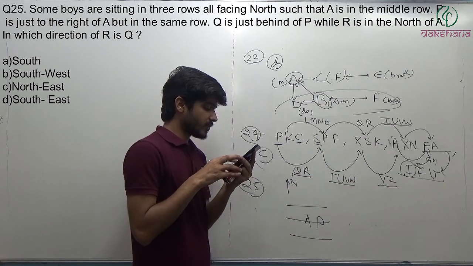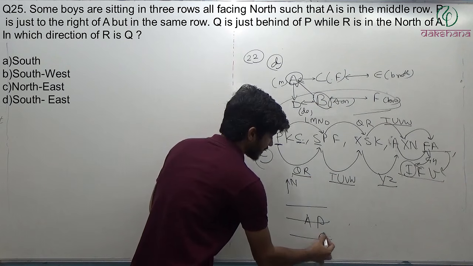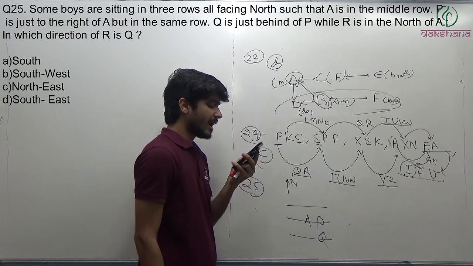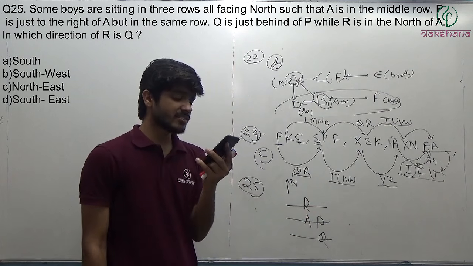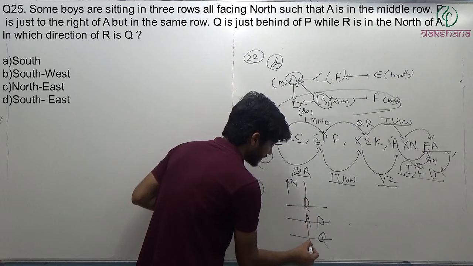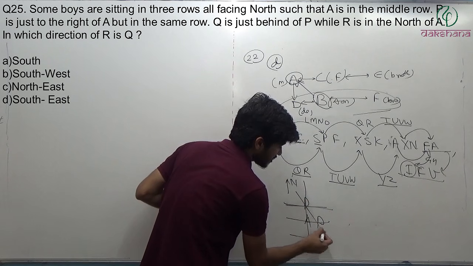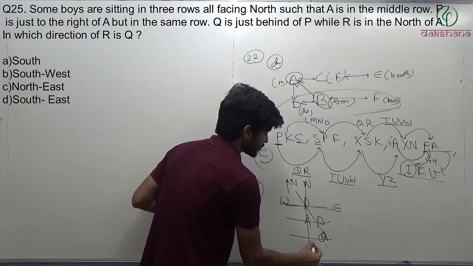And then you have Q is just behind P. Q is just behind P. And R is in the north of A. So north of A is this, R is here. They are asking in which direction of R is Q. R is here, Q is here, this direction. This is north, so this has to be east, this has to be west, this has to be south.